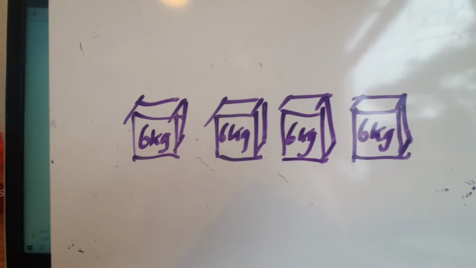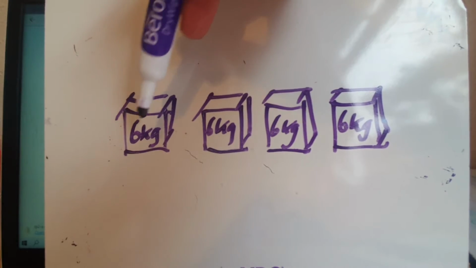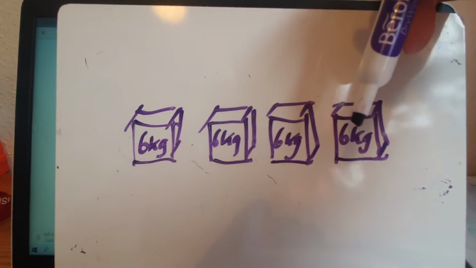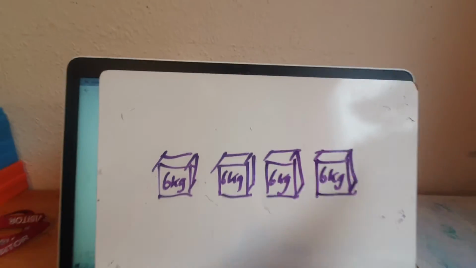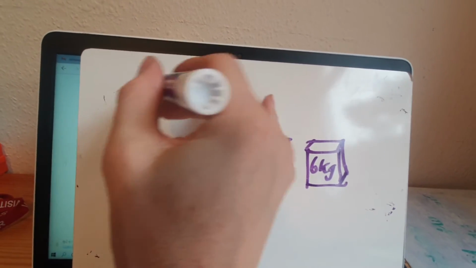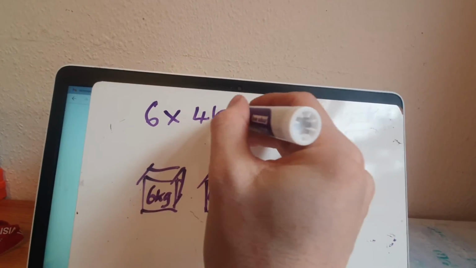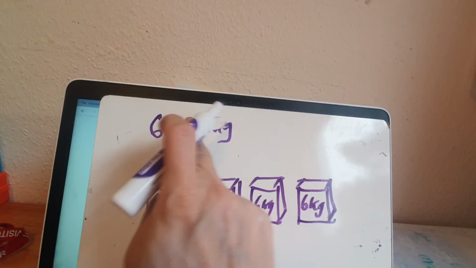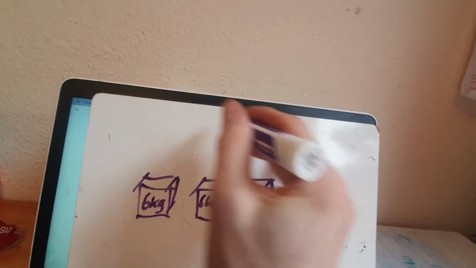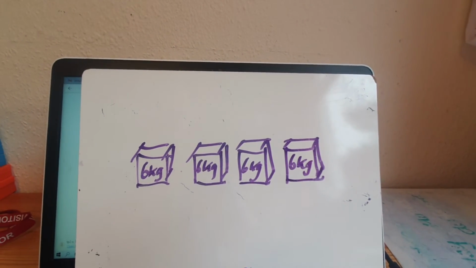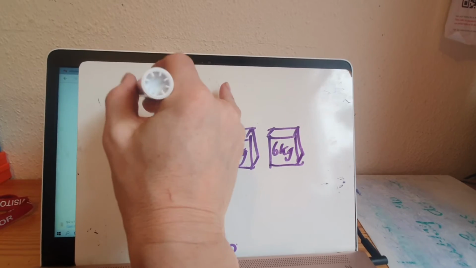Okay, this time I have got 4 parcels, and each parcel is 6 kilograms in weight. So what would be my calculation? So it'll be 6 times, that's the wrong way around, isn't it? Or was it? No, that was right.